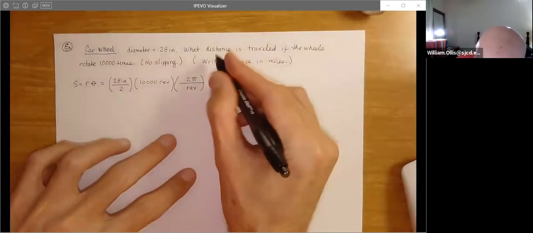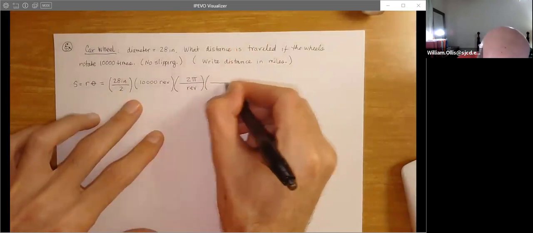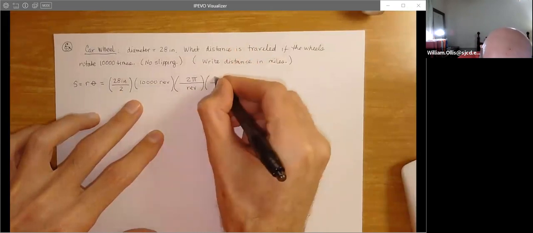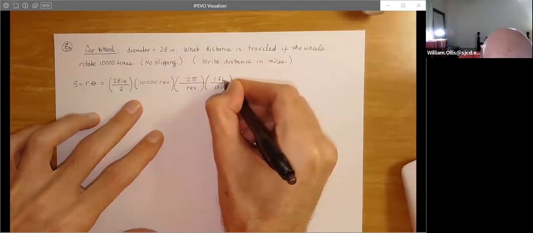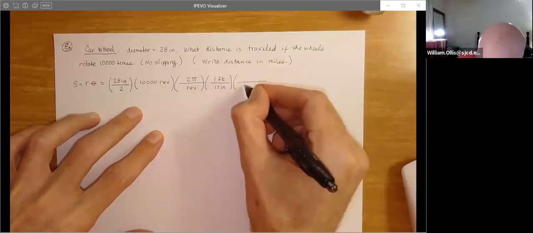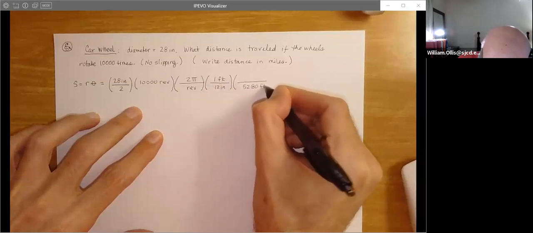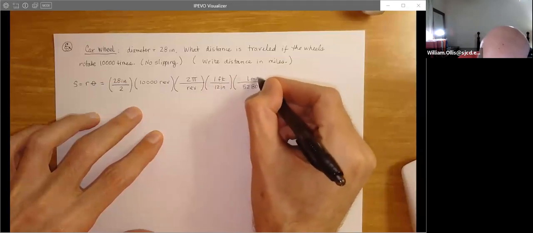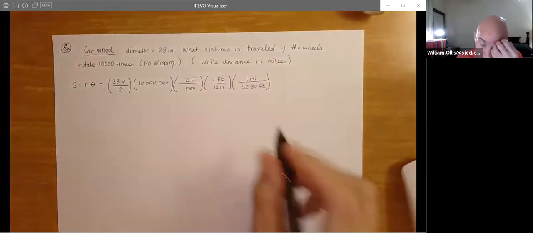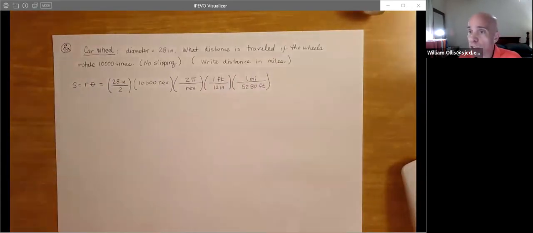So now let's go ahead and write this out. We've got inches here. So we have 12 inches, and that'll be 1 foot. And now, of course, we'll use the conversion factor, 5,280 feet in 1 mile.